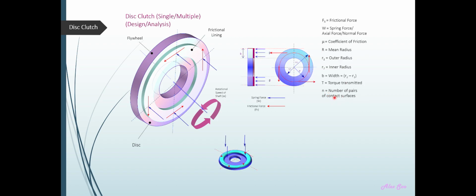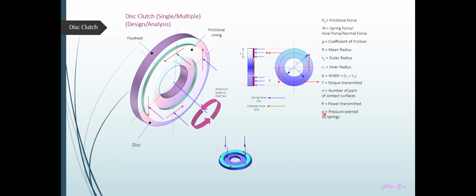So P, the uppercase letter P here, shows the power transmitted, which can be found by taking 2 pi nT over 60, where n is the speed in revolutions per minute, and T would be the torque. So without frictional force, you have no torque, and then power would be equal to 0.